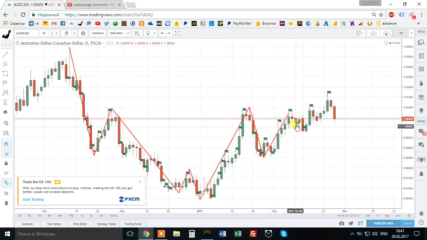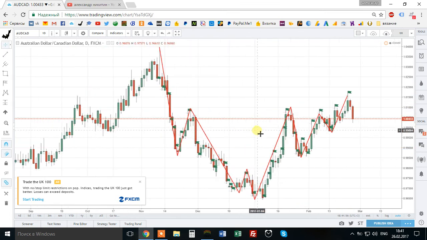Let me draw it next. We have a swing to the downside because of this lower close. At least two red candles, yes. Two green candles, still a higher close. But we don't have a lower close, so we need to skip that correction and draw it further. So you see I'm skipping some noise, and we have it this way.